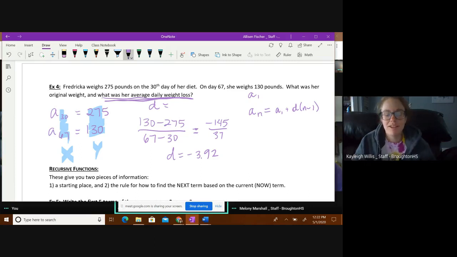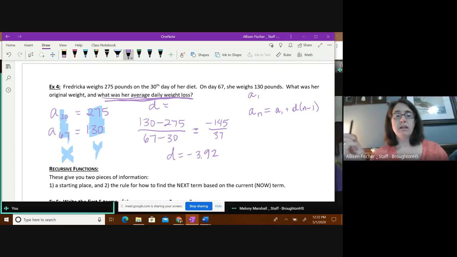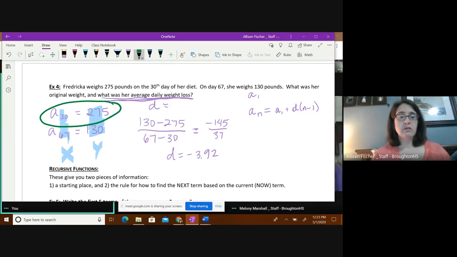We can plug everything in. You can take either of the things that you have, a sub 30 equals 275 or a sub 67 equals 130. Remember, those are like an X and a Y. So in this case, let's just use the first one.